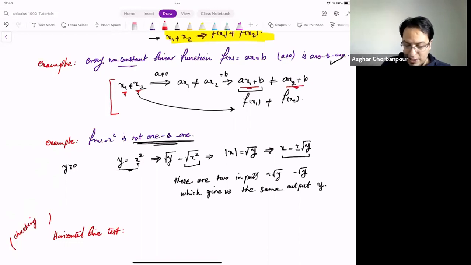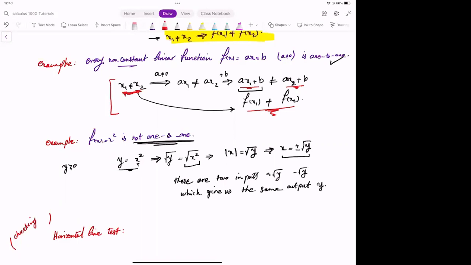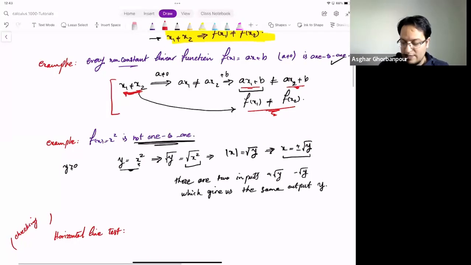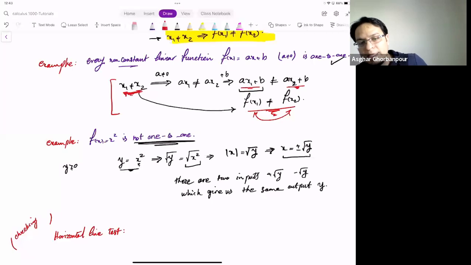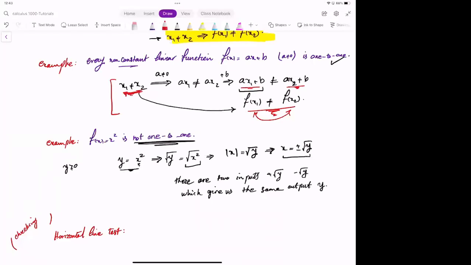And in this process, I showed that if I start with two different values of input, the corresponding outputs are going to be different. ax1 plus b is going to be different than ax2 plus b. Okay, so if I had f of x1 equal to f of x2, would that not be a one-to-one function? Yes, if there were a chance that we get the same outputs for different inputs, then that wouldn't be one-to-one. Okay, makes sense. Thank you. You're welcome.